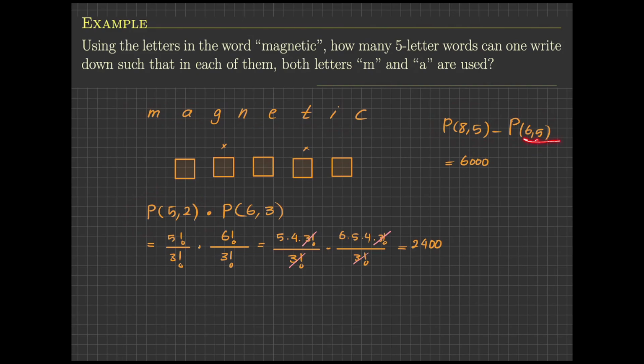And he is subtracting this number from that number. According to him, the answer is 6,000, which is completely different from this answer. But what is the flaw in this argument? Could it be that it doesn't specifically have to be M and A? Yeah, so you are taking both M and A out. Yeah. But there are some words that include A, but not M. You should also take them out.